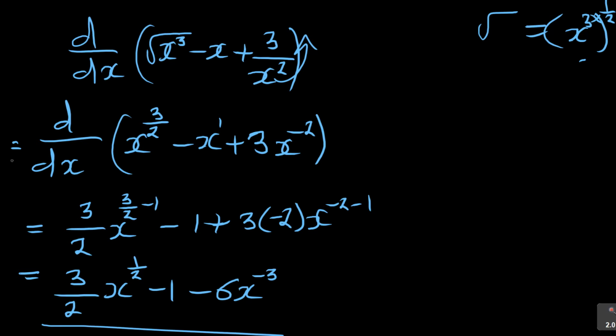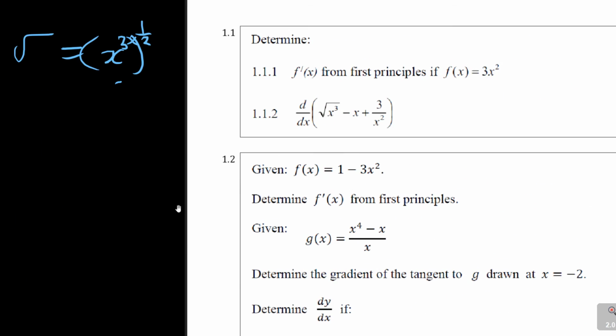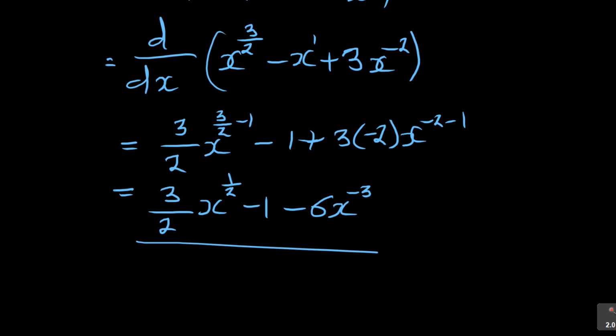If they don't say much, you can leave it like that, but sometimes they are specific to say leave your answer in surd form. If they say leave your answer in surd form, this is what you do. 3 over 2 square root of x, minus 1, minus 6 over x cubed, with positive exponents.